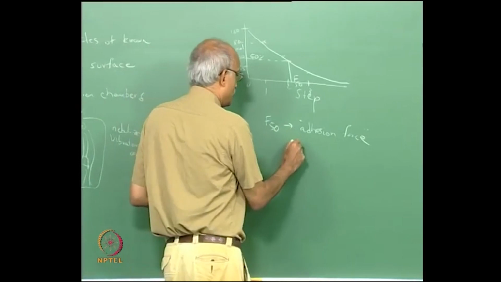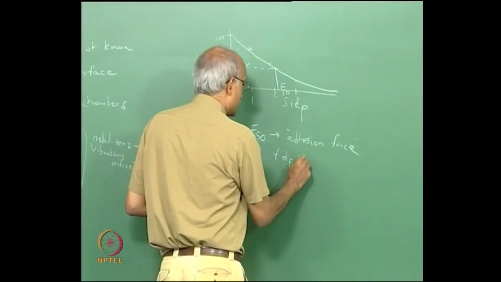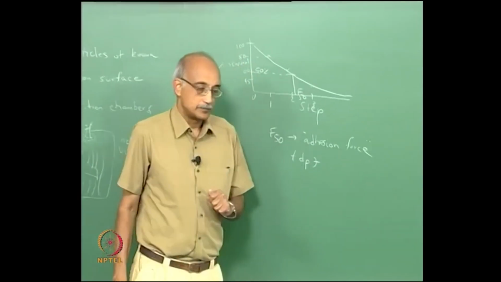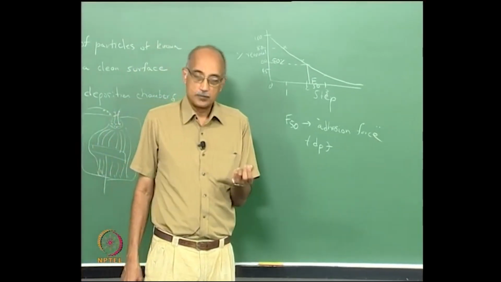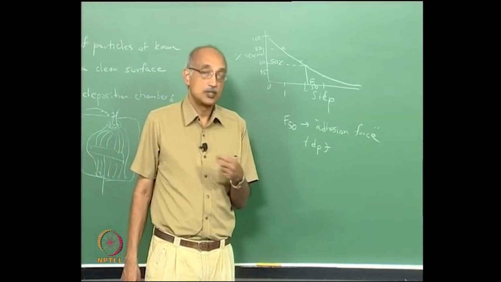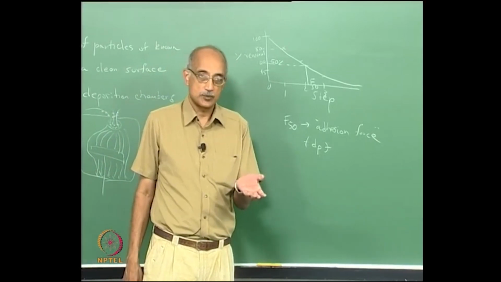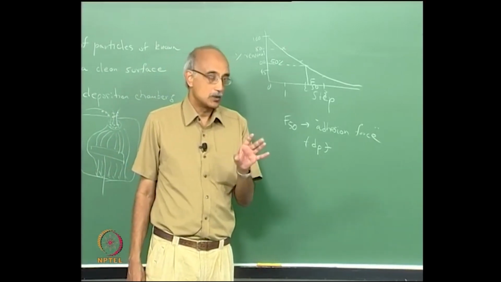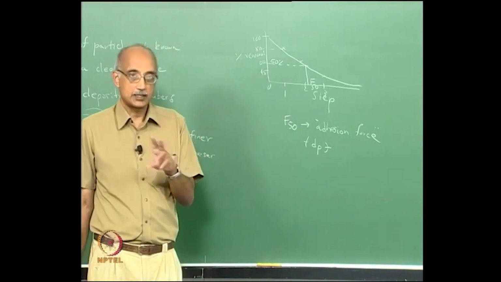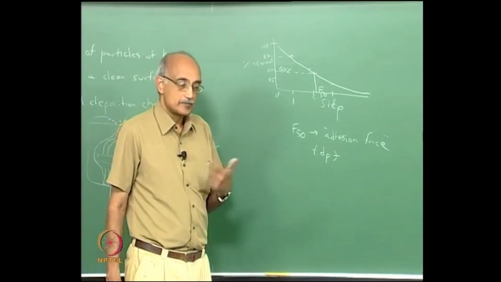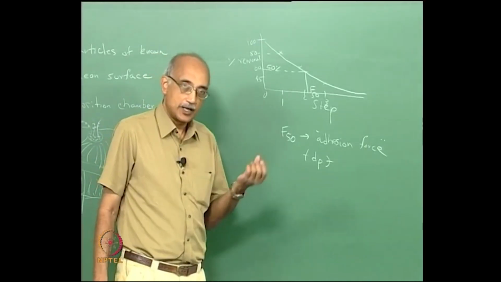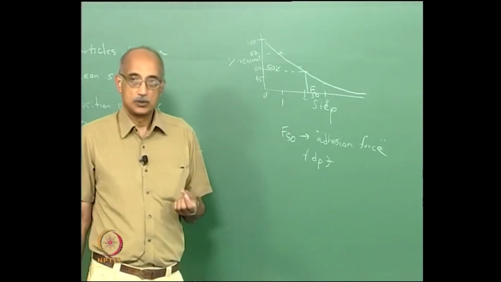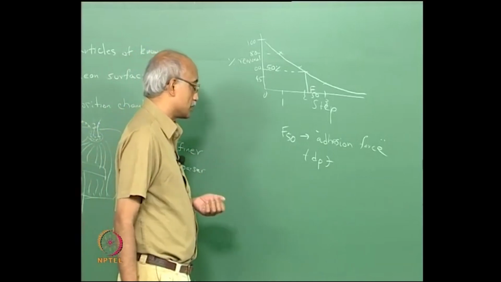Of course, F50 is very much a function of dP. As we were discussing in earlier lectures, the finer the particle, the more difficult it will be to dislodge it from a surface, even though adhesion force scales as particle size, but we know from empirical evidence that finer particles are more difficult to remove compared to coarser particles.